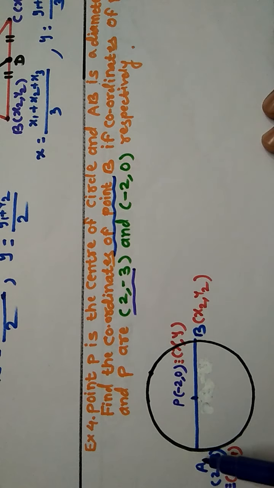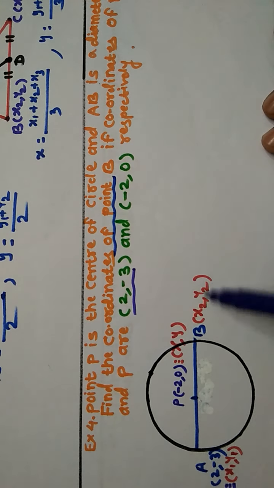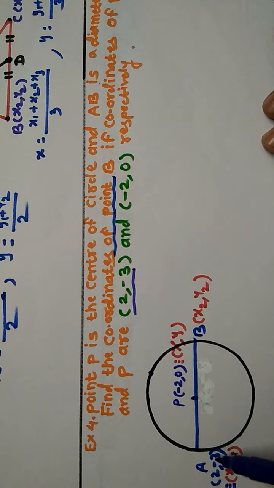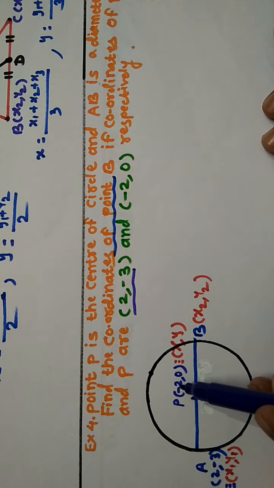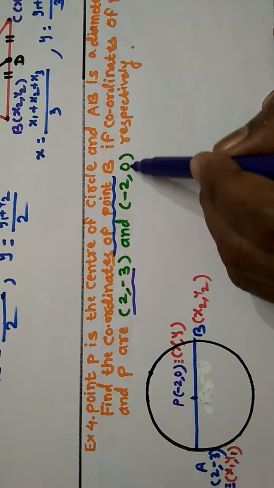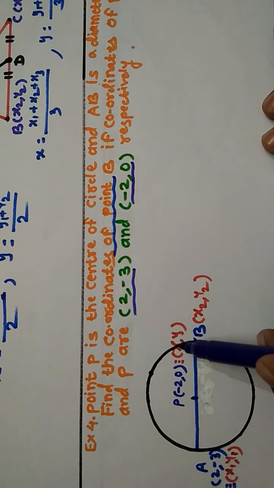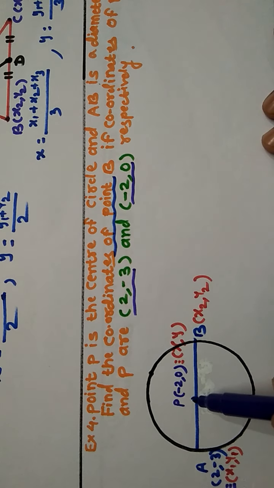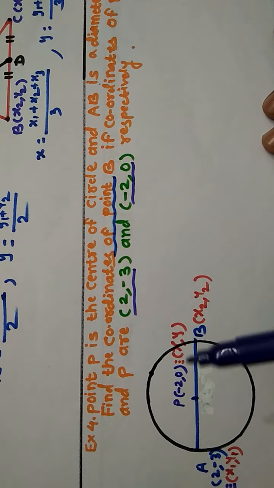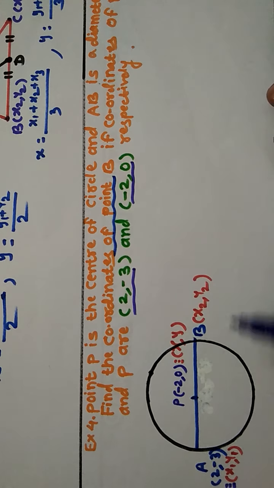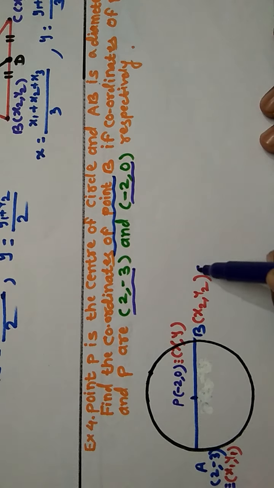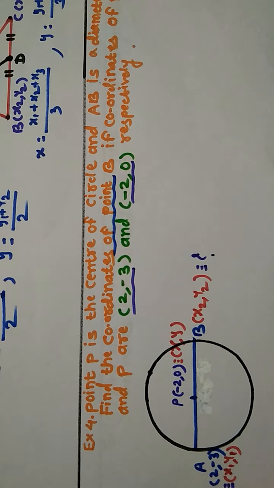A and B are the endpoints of the diameter AB. The endpoints are respectively denoted by x1, y1 and x2, y2, where x1 is 2 and y1 is -3. P has coordinates (-2, 0), the coordinates of the center. Remember that the coordinates of the midpoint are always denoted by x, y respectively. Our aim is to find the coordinates of B.